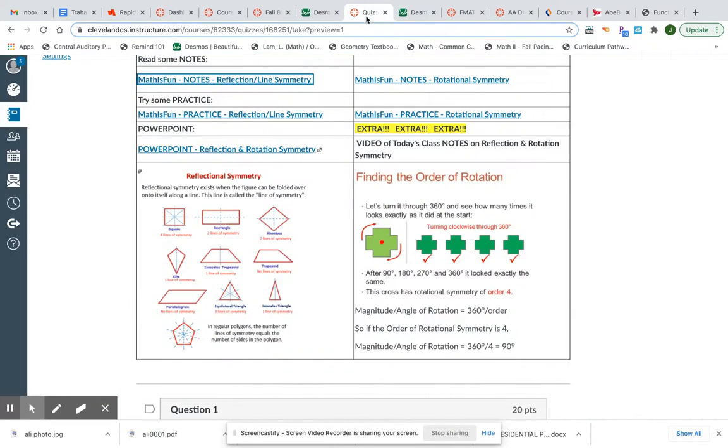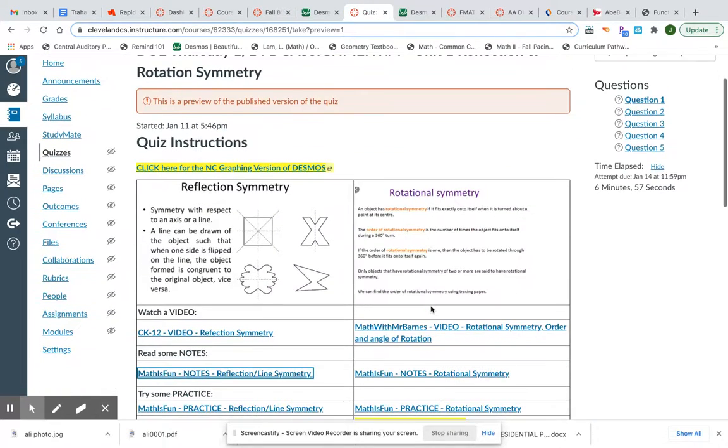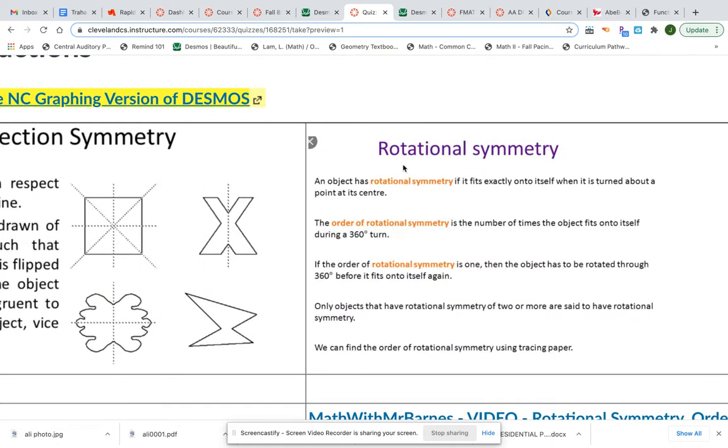All right, next we're going to talk about rotational symmetry. So rotation, of course, you know, you're turning. Another word for that is radial symmetry. An object has rotational symmetry if it can map onto itself as it turns before it gets to 360 degrees, before it gets all the way back to its start.